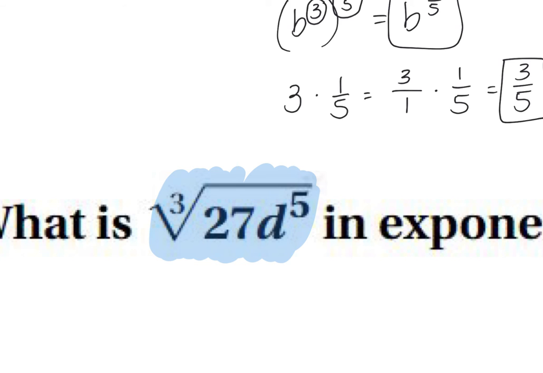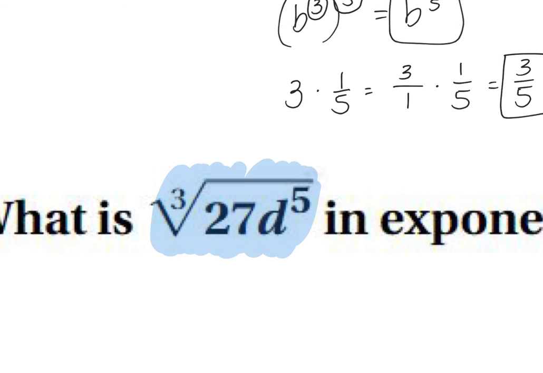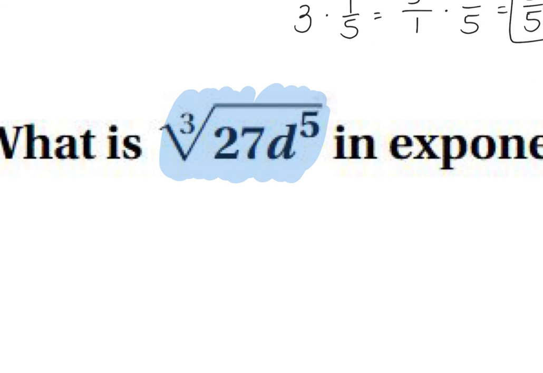Roy, what do you think? So it should be 27d to the 5th power to the 1/3, so 27d to the 5th power times 1/3. Good. All to the 1/3. Excellent. 27d to the 5th, all to the 1/3.